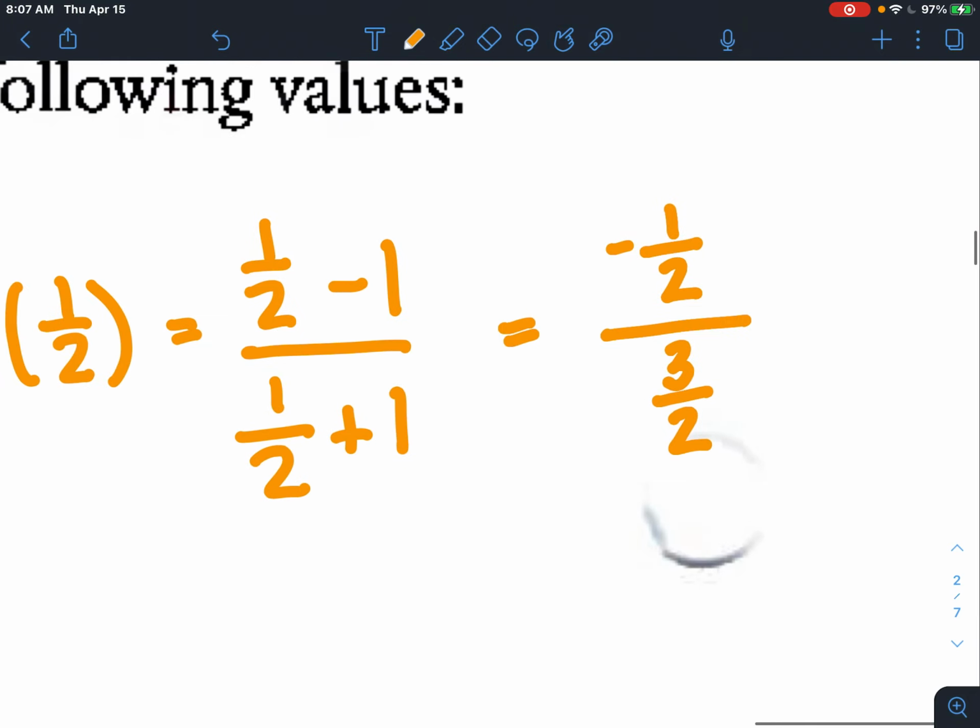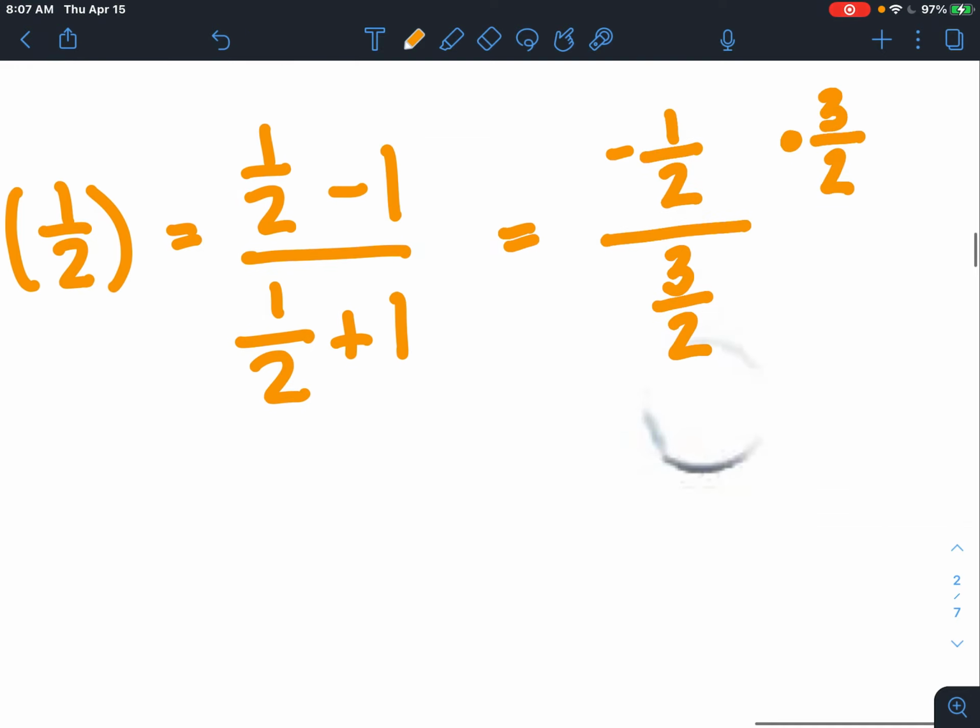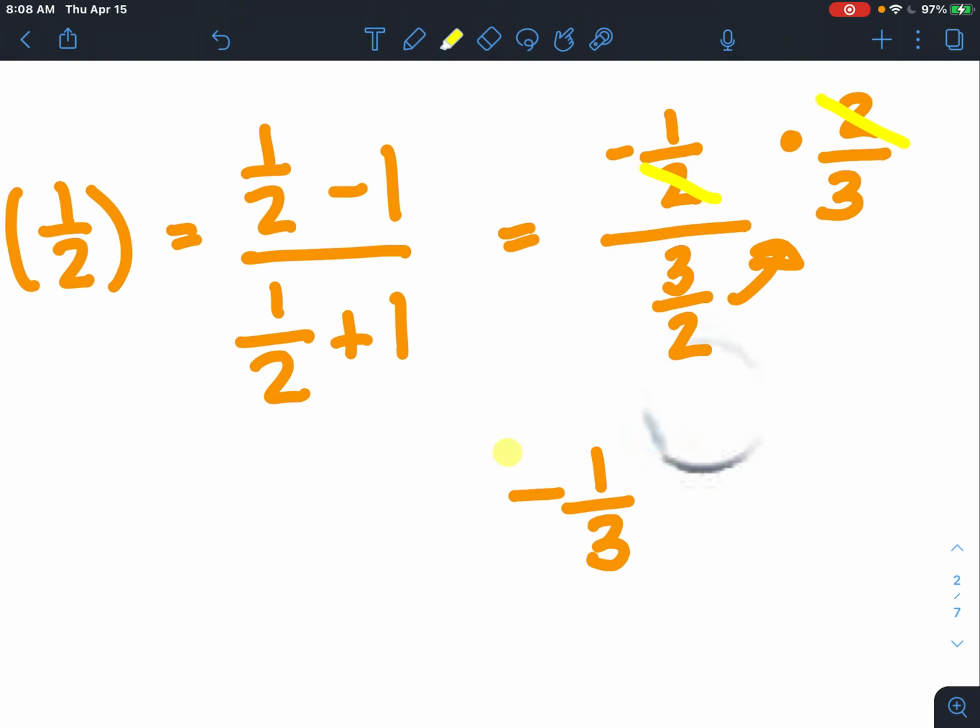Okay, I can flip that around to get rid of the 5/2 on the bottom, so I'm going to multiply by the reciprocal, 2 over 5. Okay, so I see how I flipped that. And now 2 will cancel with the 2, and I will be left with negative 1/5 as my output.